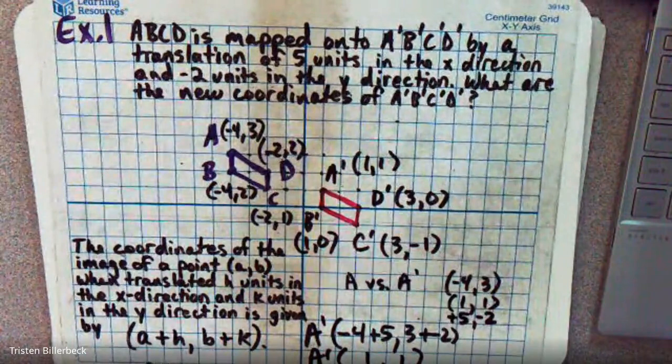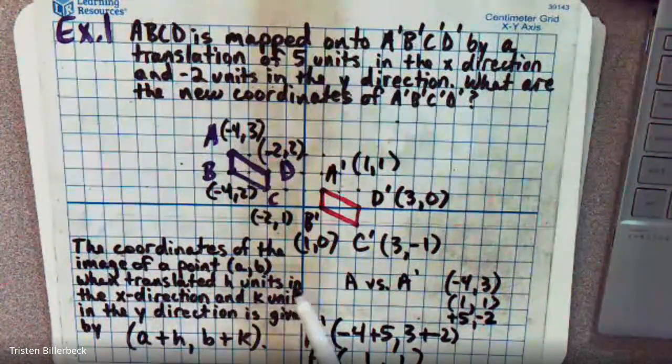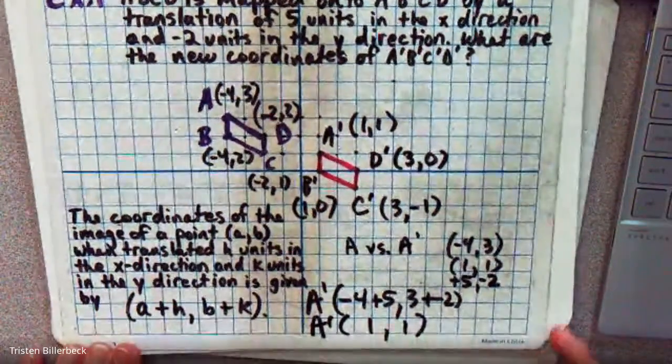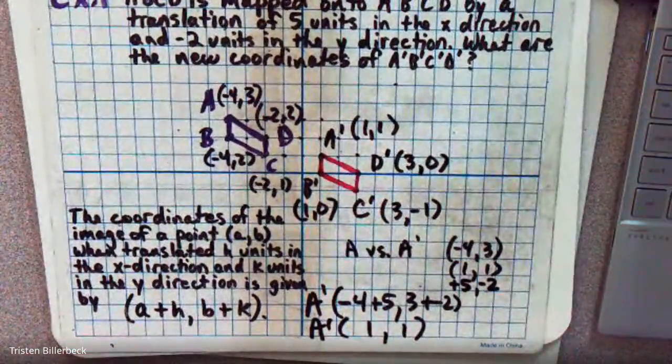So we can have a rule that the coordinates of the image of point (a, b), when translated h units in the x direction and k units in the y direction, is given by (a plus h, b plus k). So that's how we would write a rule for that.